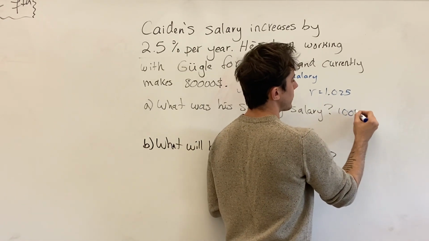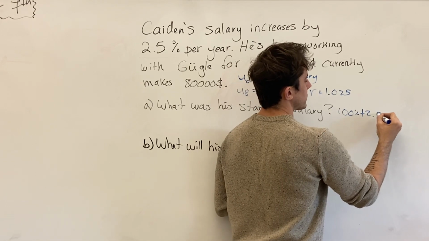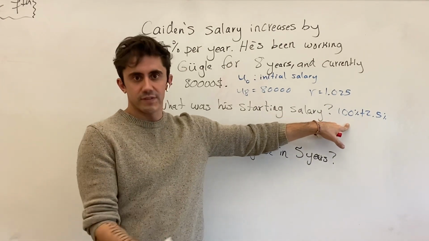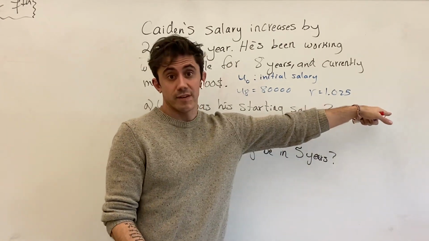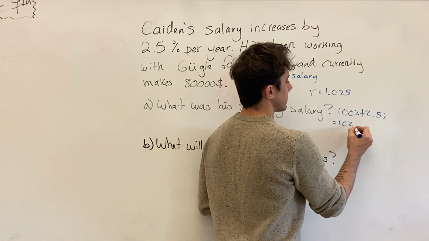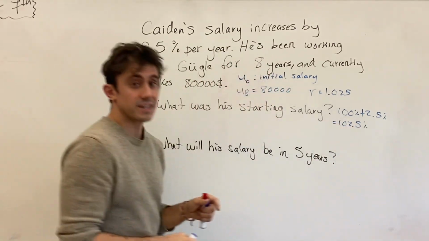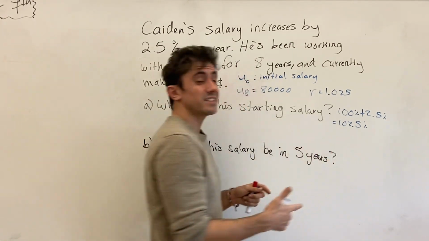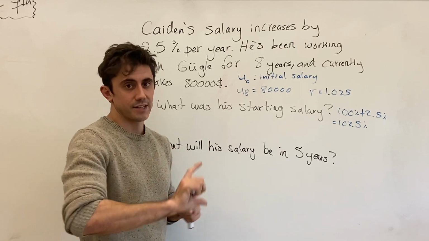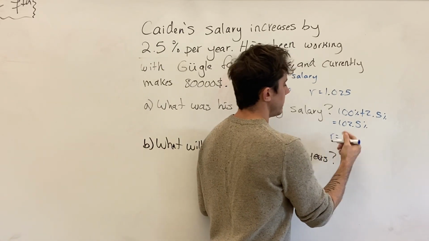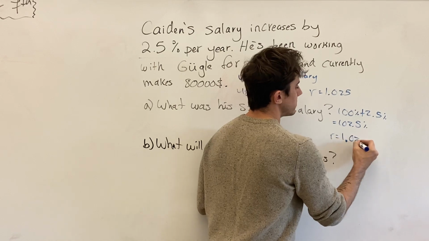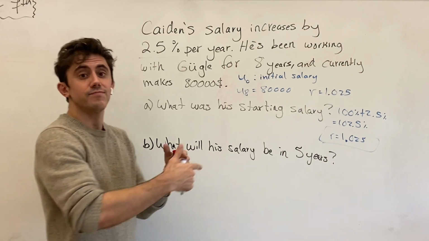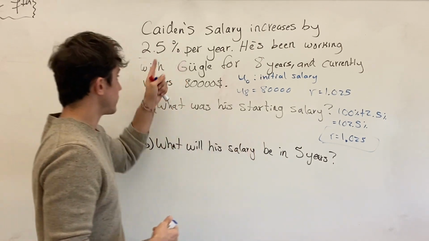We're increasing 100% of his previous salary by adding 2.5% to it, which brings it to 102.5% of his previous salary. And 102.5% as a decimal, which we need for our common ratio, is 1.025.